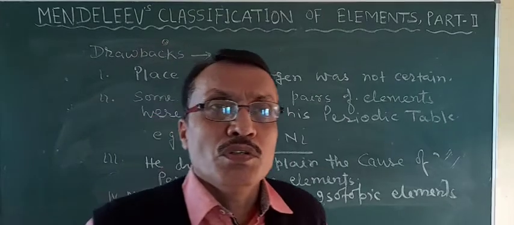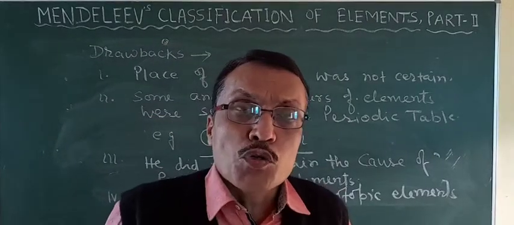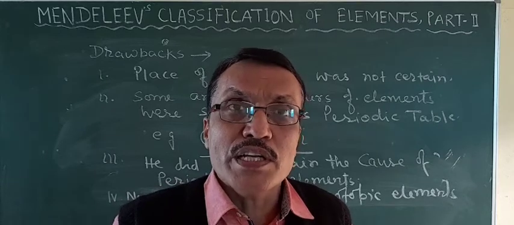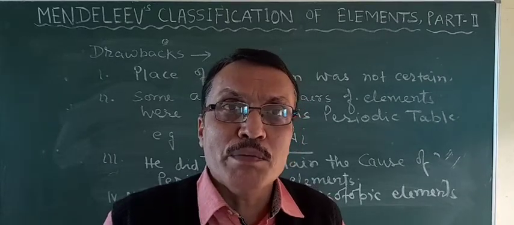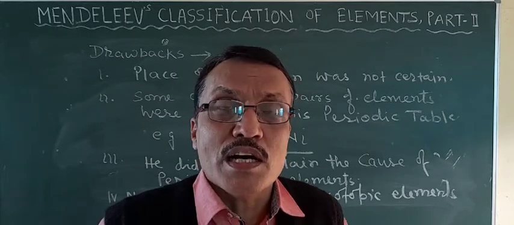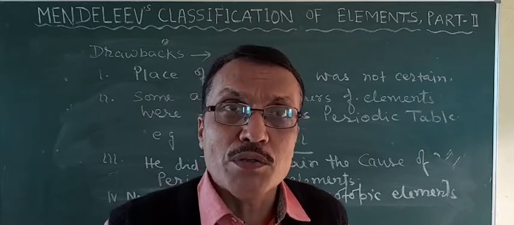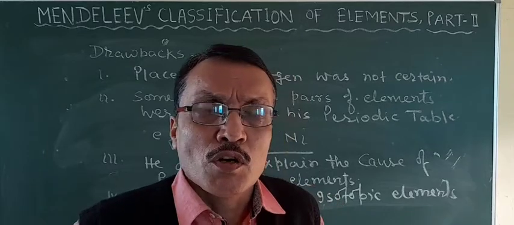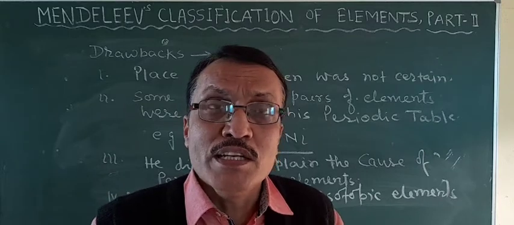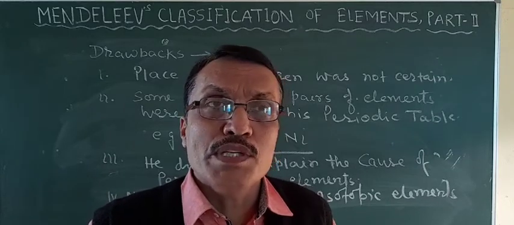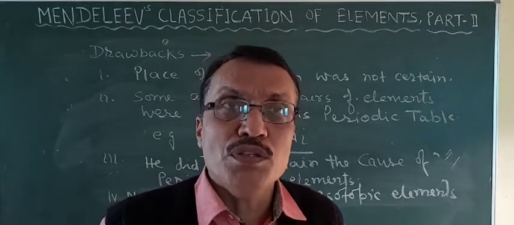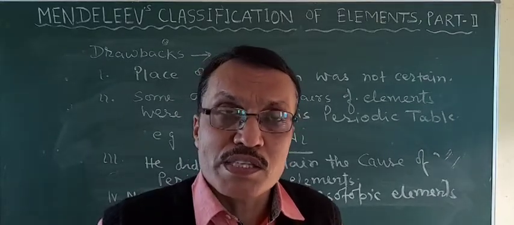Students, as you know, isotopes are atoms of same element having slightly different atomic masses. For example, hydrogen 1, hydrogen 2, hydrogen 3, these are the isotopes of element hydrogen. So students, when he arranged element on basis of increasing atomic mass, then for hydrogen 1 there should be separate place, for hydrogen 2 should be separate place, for hydrogen 3 should be separate place.